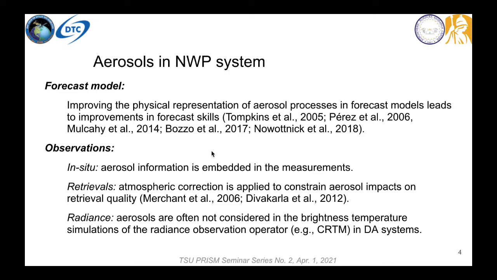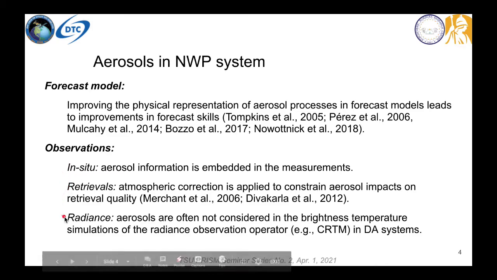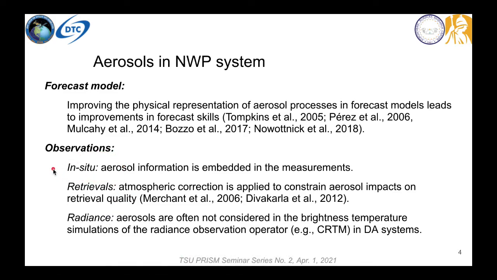In the modern NWP system, the DA system is another important component. The DA system generates the analysis as an initial condition for the forecast model, based on the forecast and the observation information.